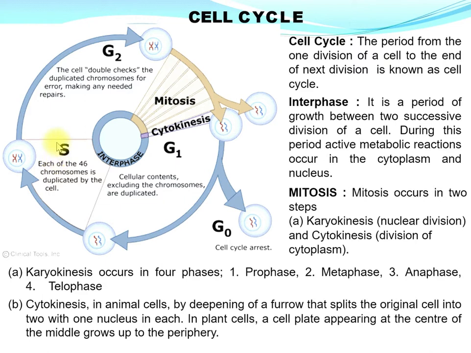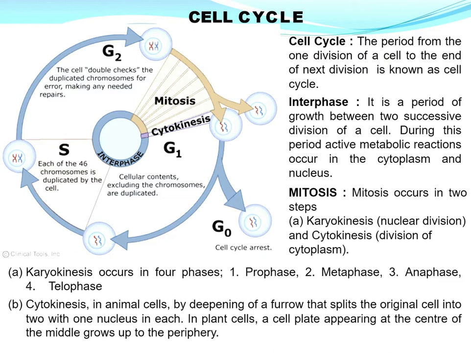So the chromosomes start to duplicate. In the G2 phase, more RNA and proteins that are required are synthesized, and the cell is now ready to divide. After the G2 phase is completed, which is a very short period, the cell enters M phase.